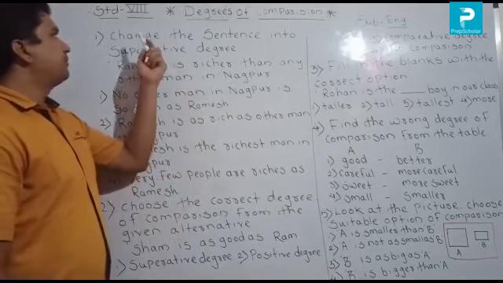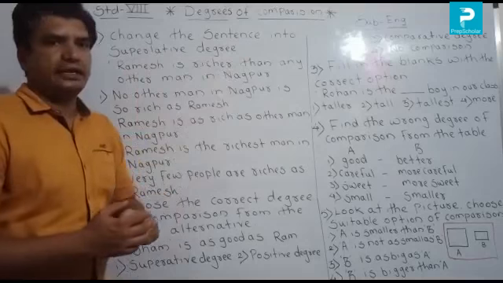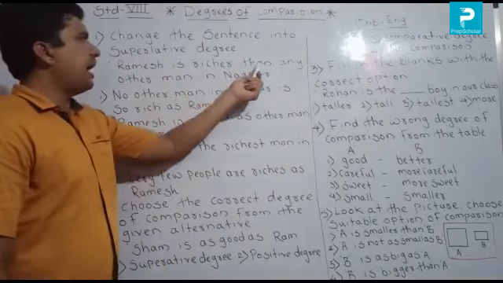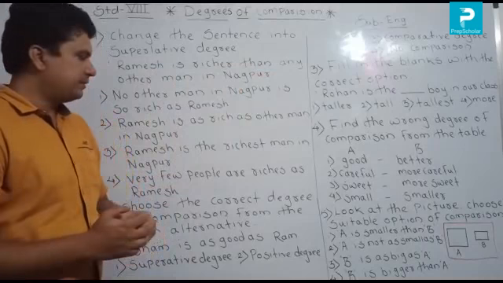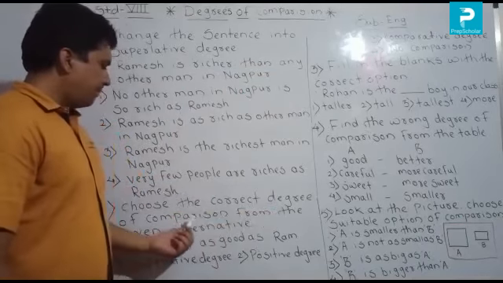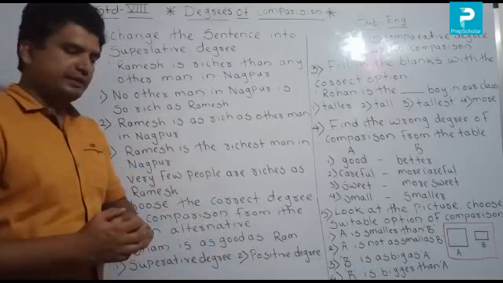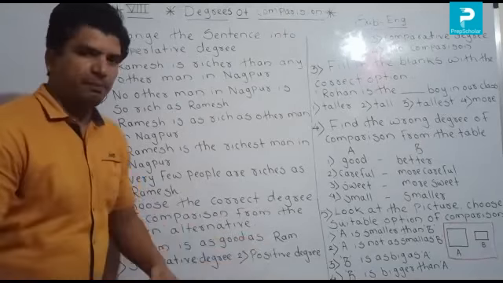Number 1 question is, change the sentence into superlative degree. The sentence is, Ramesh is richer than any other man in Nagpur. Second, choose the correct degree of comparison from the given alternatives. The sentence is, Sham is as good as Ram.